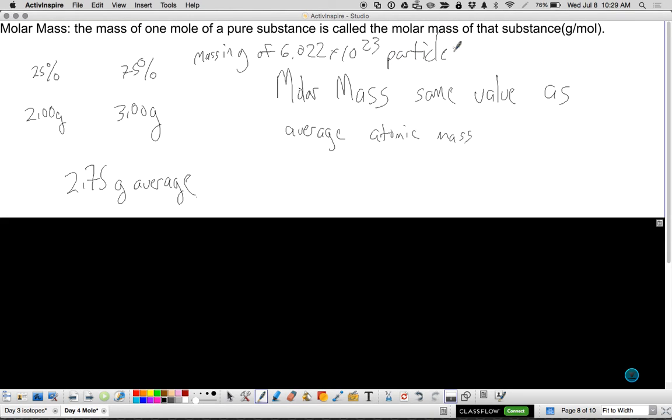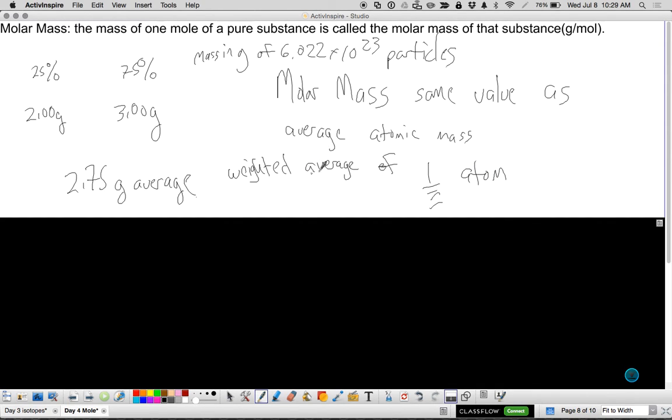Okay, so let's say that these particles are atoms. The molar mass would be the mass of 1 mole of those particles. Average atomic mass is the weighted average mass of one atom.